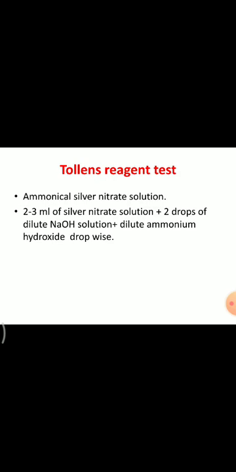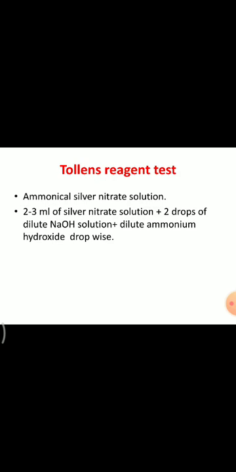First of all, we have to take 2-3 ml of silver nitrate solution in a clean and dry test tube. To this add 2 drops of dilute sodium hydroxide solution. Now we have to add dilute ammonium hydroxide dropwise till the precipitated silver oxide is almost redissolved.